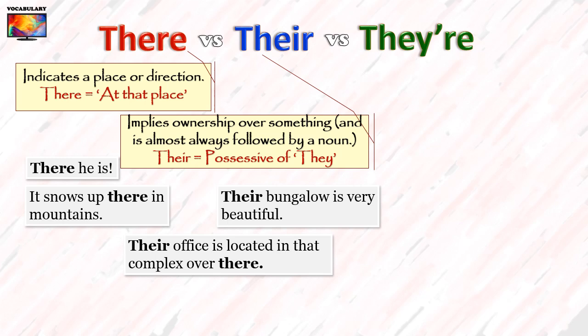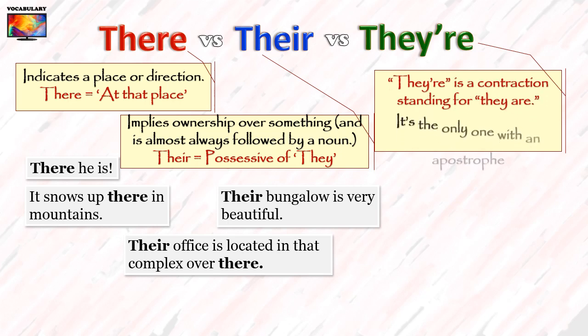Now quickly, the third word is they apostrophe RE. This is an easy one because it is just a contraction standing for they are. It is the only one with an apostrophe. In any sentence, if you require they are, you can safely substitute the contracted version they apostrophe RE.